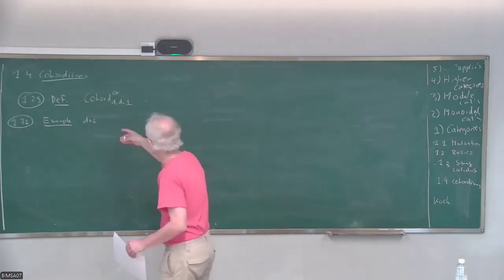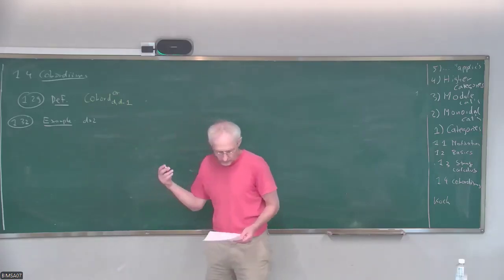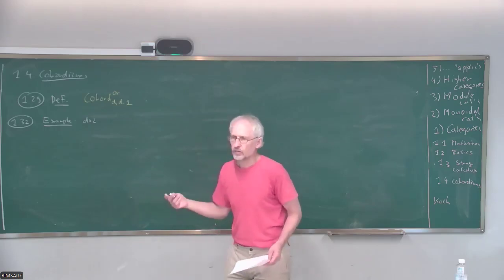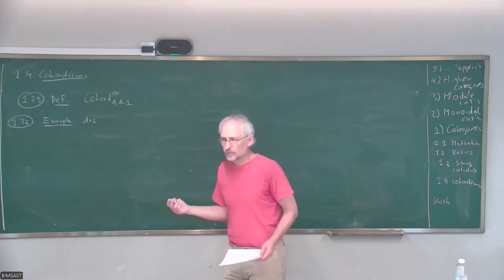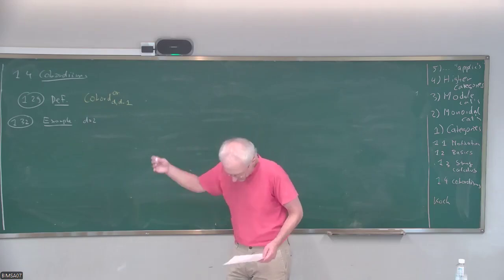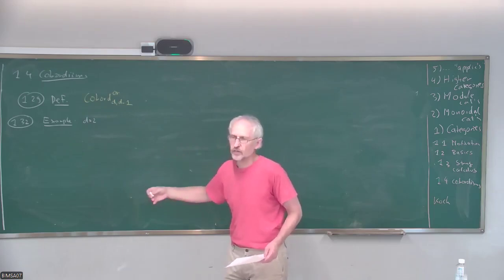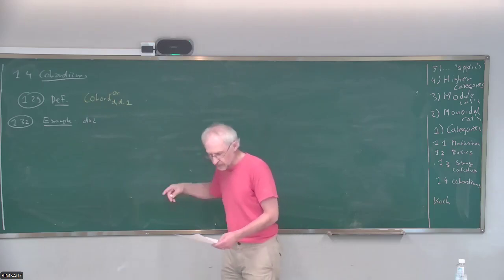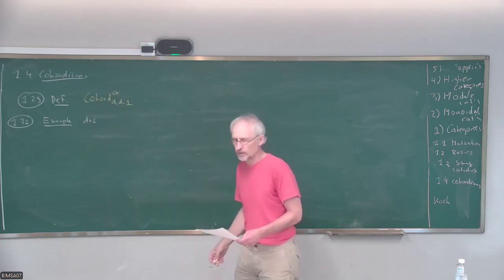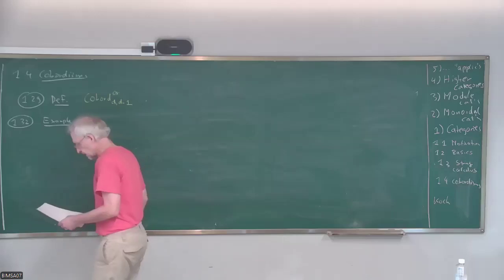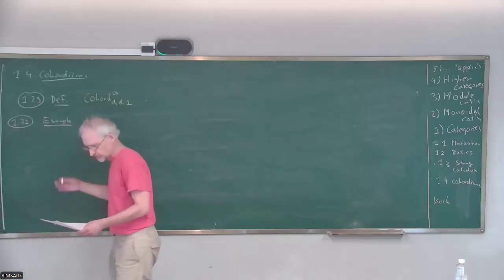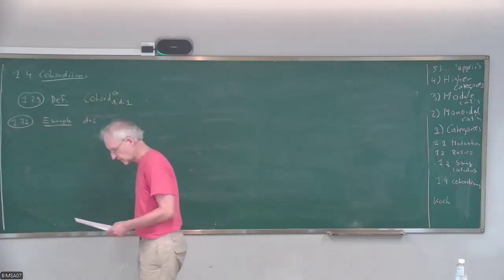So what is it in d equals 2? An object is a finite disjoint union of oriented one-manifolds, a finite disjoint union of circles. And I will not draw the orientation of the circle. Then we have morphisms which are cobordisms between those.